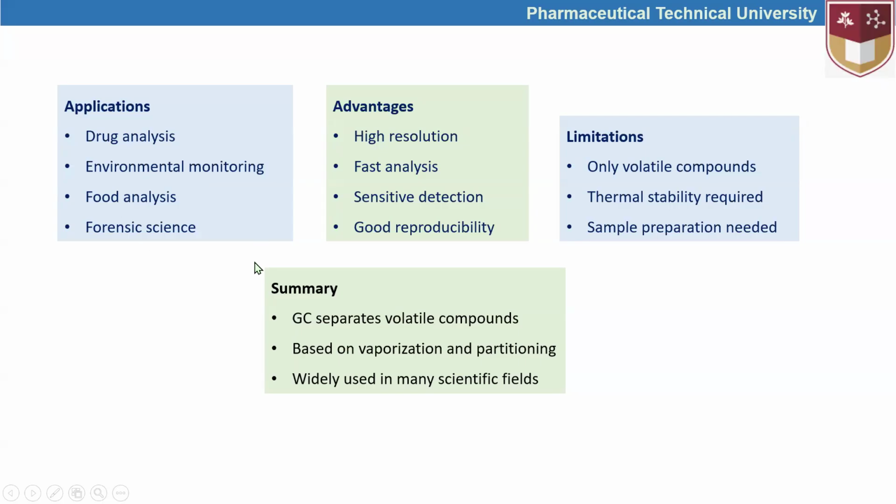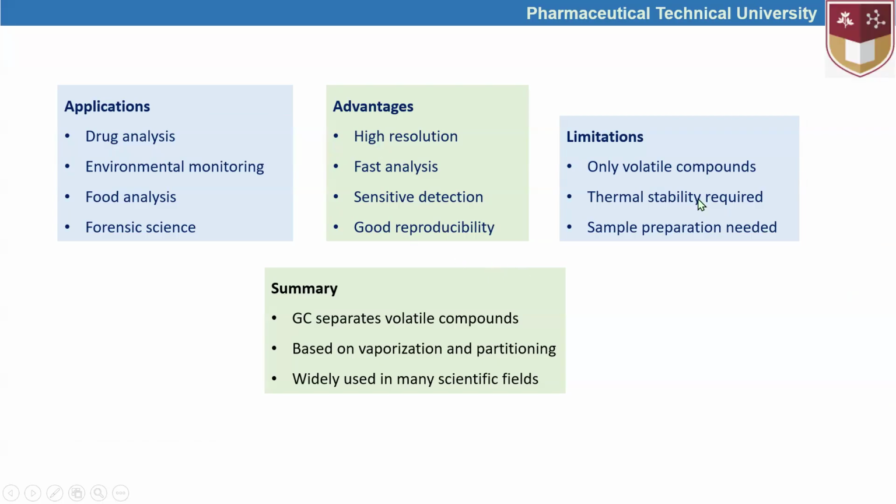In forensic science, the advantage of the GC is it provides high resolution. The analysis process is quite fast. It has high sensitivity. It is provided with highly sensitive detectors, and the results can be well reproduced.